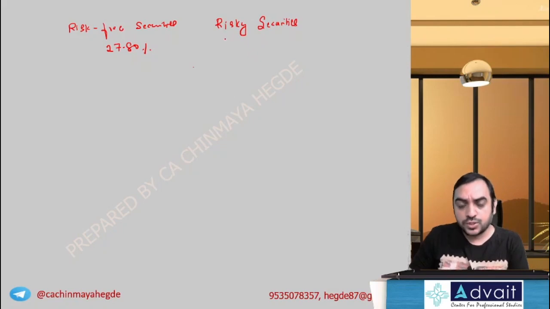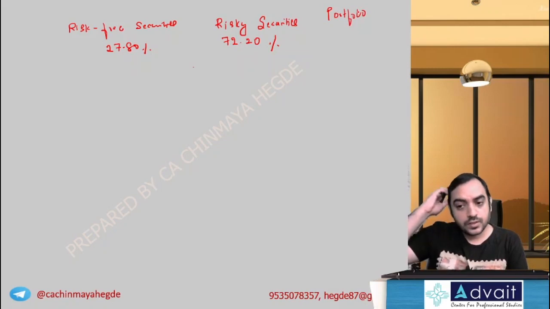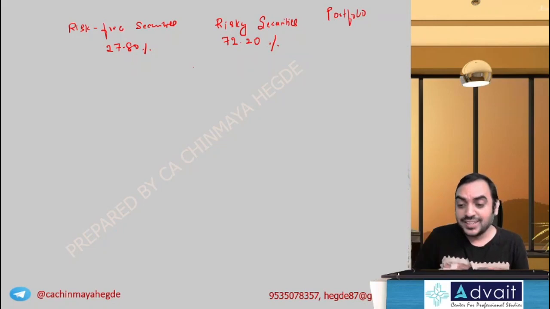How much does the balance come to? Remaining 1 minus 0.2780, that is 72.20, is it? Balance in risky security 72.20%. Portfolio beta will be 0.8.